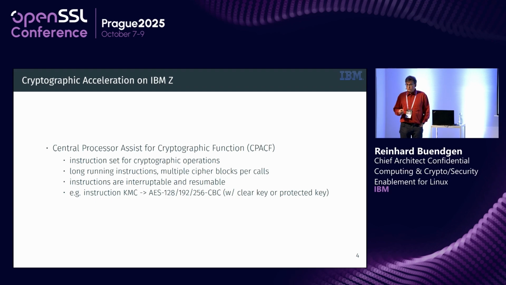It includes an instruction set for, well, IBM is an American company, so mostly NIST-certified crypto algorithms, mostly symmetric algorithms, but also hash algorithms, some ECC algorithms, and HMAC is the newest addition.